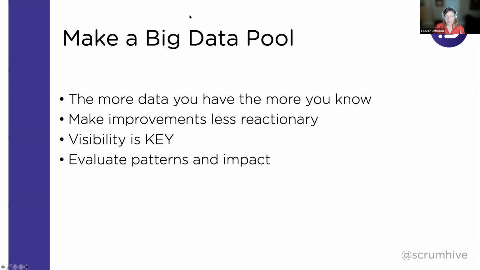And so I mentioned, I think the first step in making a big data pool is having a great method for collecting all of the data from your team level retros. This can be really easy, and even Google Sheets is a great option here. I had one team that I worked with where we had a Google survey form where we just put in the sprint number and then 3 key themes that came out of the retro, like a positive one, a negative one, and something for change that came out of each retro.